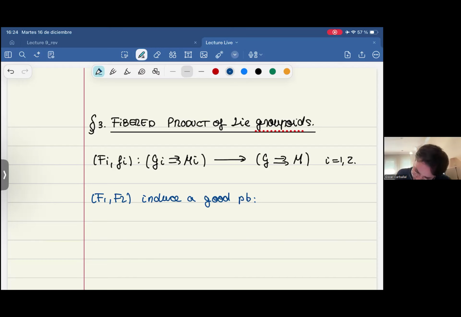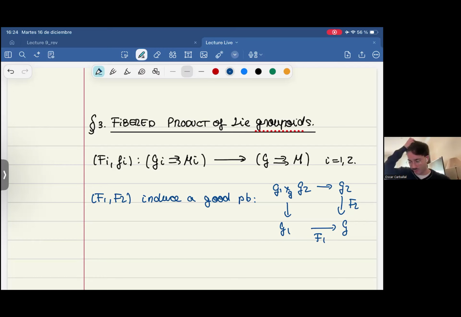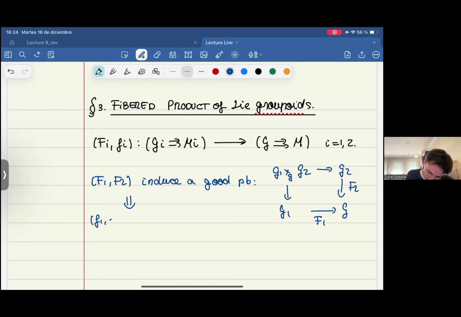And remember that this is precisely saying, take the pullback over G, sorry, this is G2, G1, F1, F2, G, right? We have this pullback here also with the property for the exact sequence of tangent spaces. And if the maps between the sets of arrows induce a good pullback, and this is a morphism of Lie groupoids, then the map between the objects also induces a good pullback.